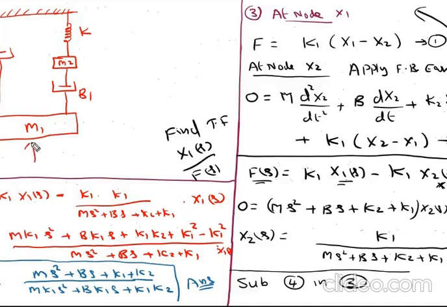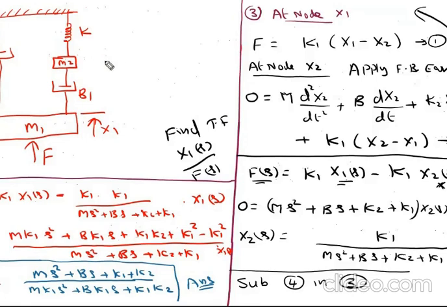Let me apply the force F on the top from the bottom. Due to this force, let x1 be the displacement from here, and let there be a displacement at mass m2, as he has given in the problem.